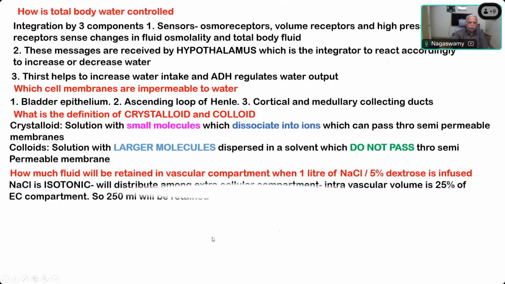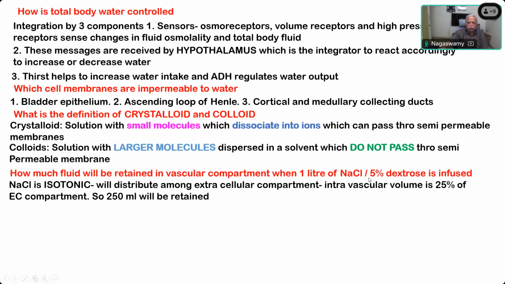NaCl is isotonic, so we distribute it among the extracellular compartment. Out of the total body water, 2/3 is intracellular and 1/3 is extracellular. The extracellular is divided into intravascular and interstitial. Only 25% of the extracellular compartment is intravascular.